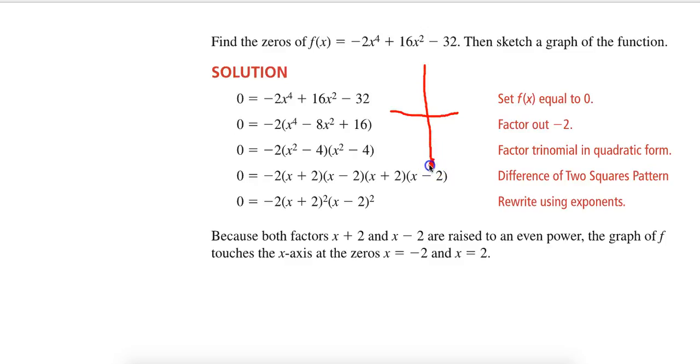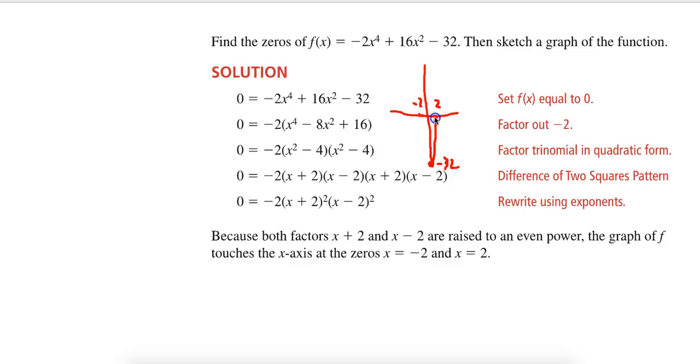Our graph is going to cross the y-axis at negative 32, and it touches but does not go through at both negative 2 and positive 2. Obviously this is a very rough sketch, and we're going to see a better one later.